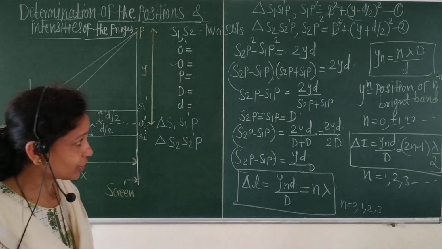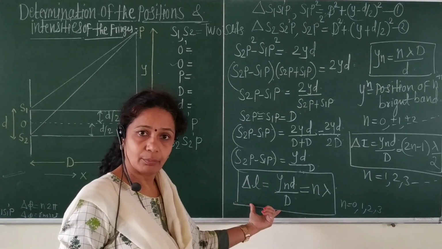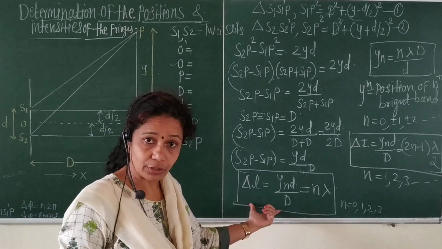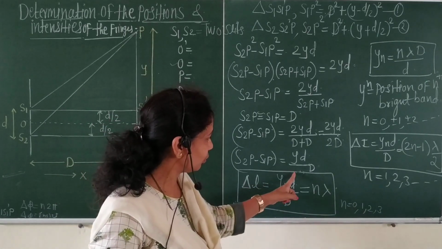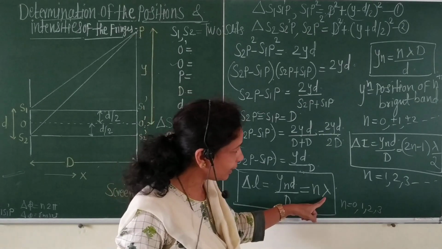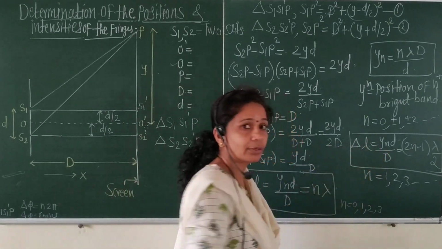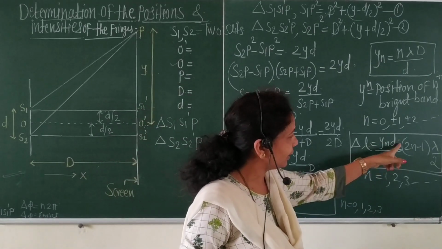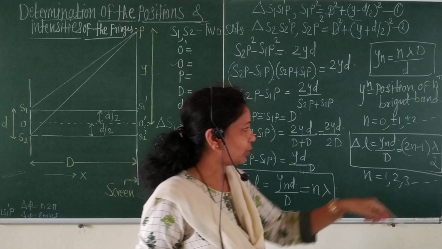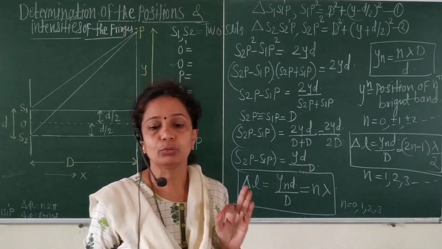Therefore, the condition for a bright band, or constructive interference, is del L is equal to yn d upon D is equal to n lambda, and the condition for destructive interference, or dark band, is del L is equal to yn d upon D is equal to (2n minus 1) lambda by 2, where n takes the values 1, 2, 3.